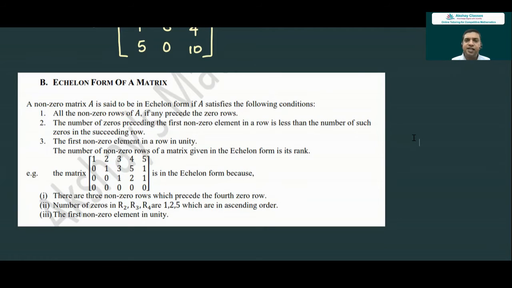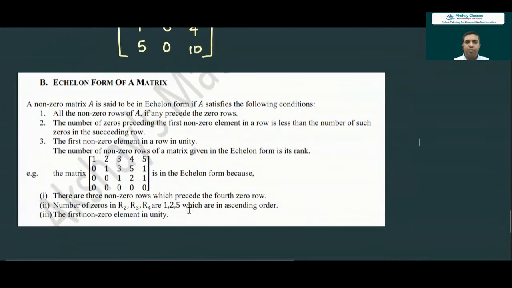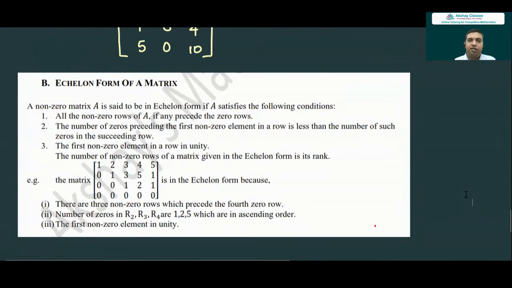So there is this idea of the echelon form of a matrix. By elementary row transformations, we can come up with an equivalent matrix which is in this form. What is this form? See the conditions of this form. Pay very careful attention.